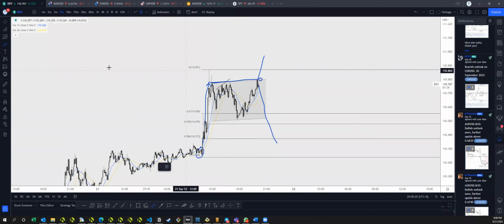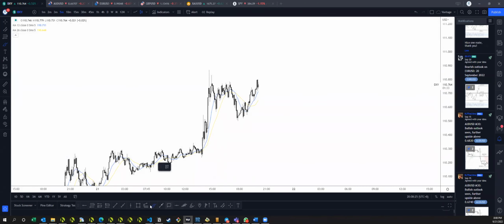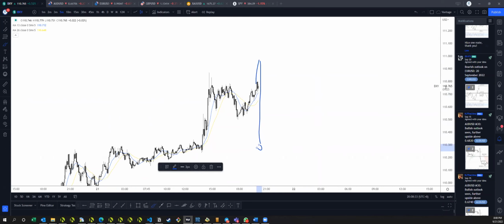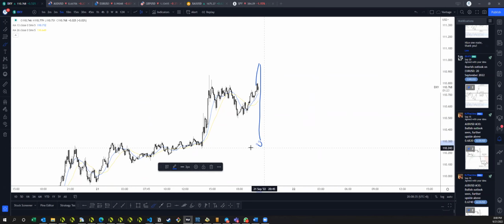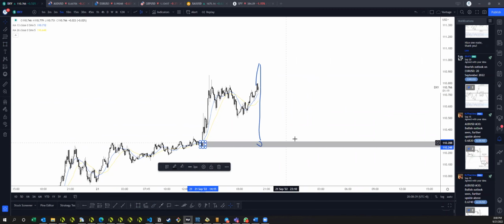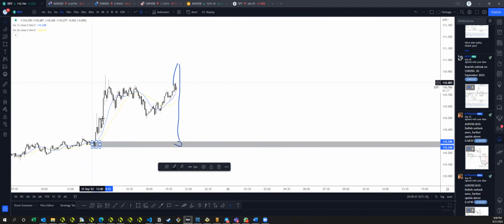So the expectation for a 100 basis point move would be a spike up to the top, and then a violent move down towards the bottom. And if we see such a pattern, this is the point where the announcement came in, right?